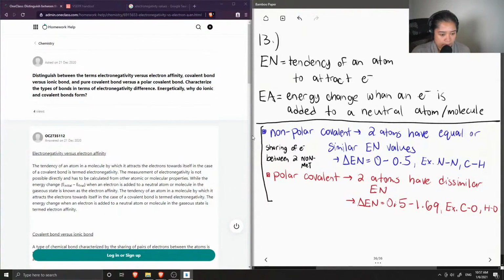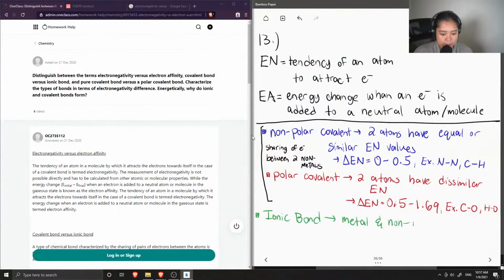In the case of an ionic bond, this is between a metal and a nonmetal.